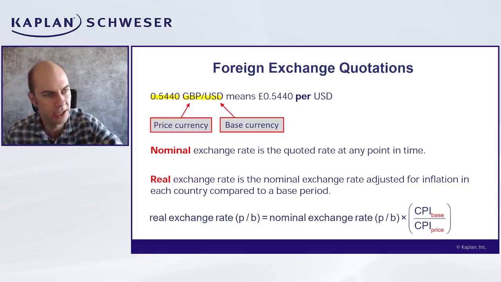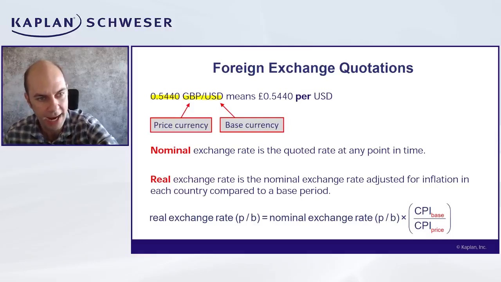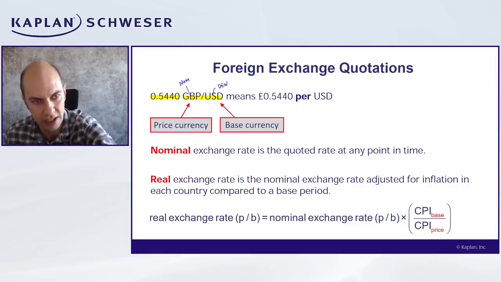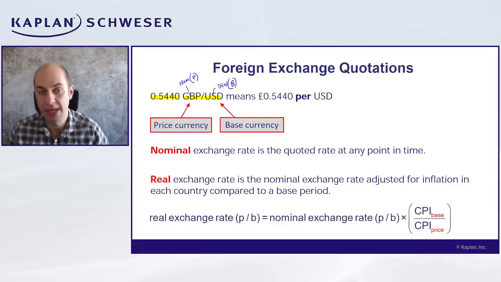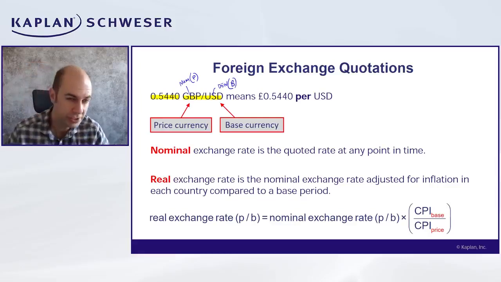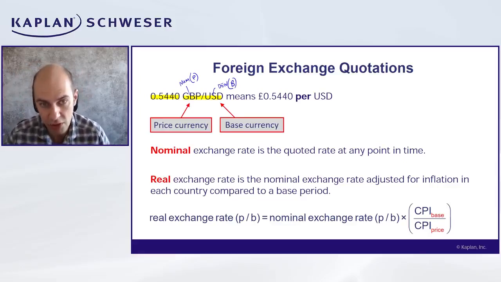That means that the pound here is our numerator currency and the dollar is our denominator currency. Or we also like to say this is the price currency, whereas this here is the base currency. If this confuses you, always remember the base currency is the 1 unit.